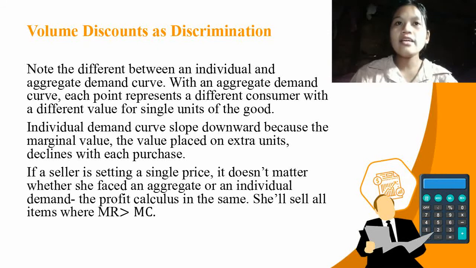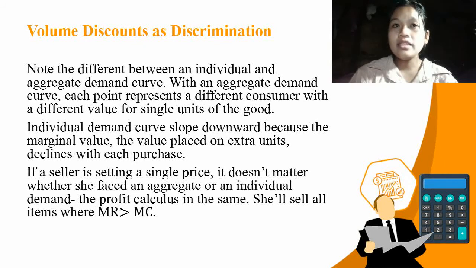As in our earlier demand curve example, if the price is set at $7, this consumer purchases 1 unit. If the price is set at $6, 2 units; $5, 3 units, and so on. Note the difference between the individual and aggregate demand curves.